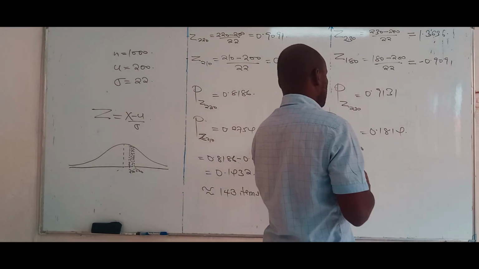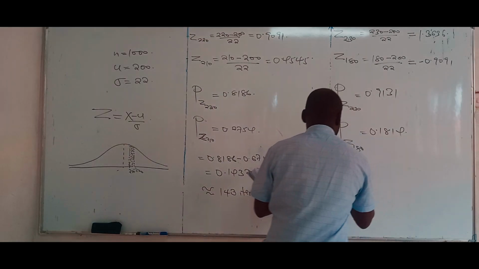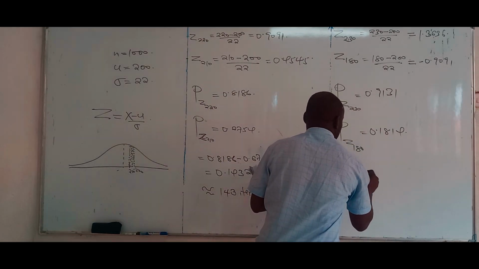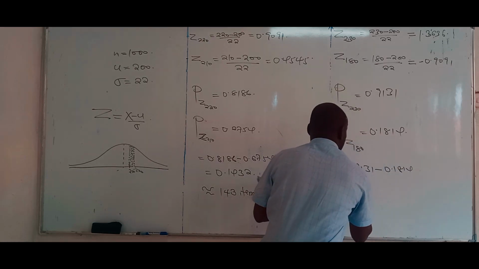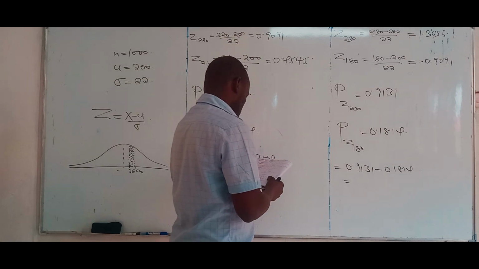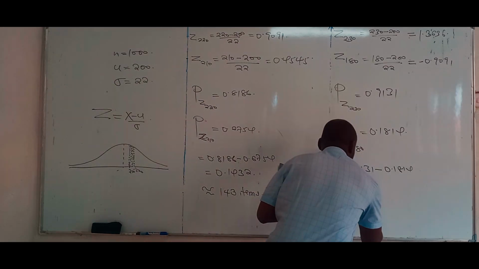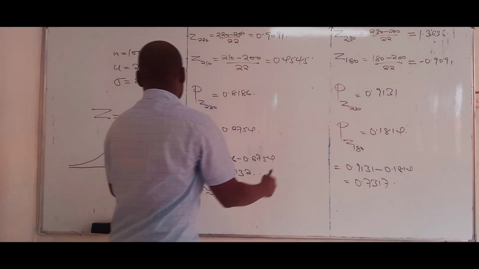So probability is not negative. To get the value of interest, it will be 0.9131 minus 0.1814, and that should be 0.7317.